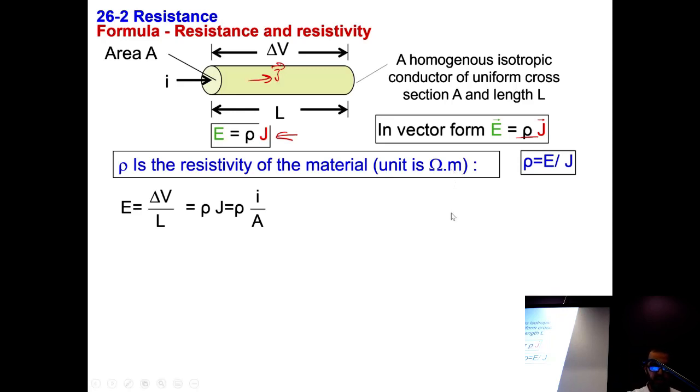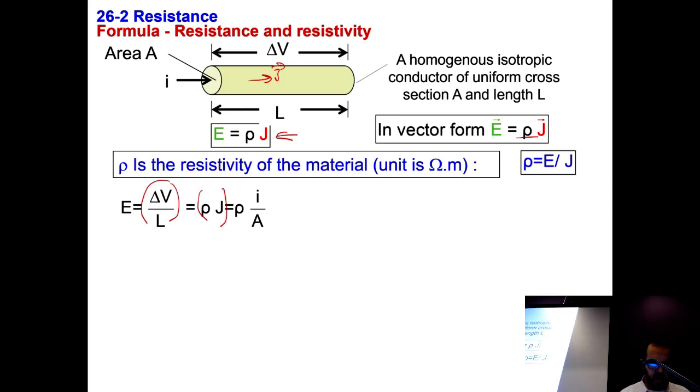The conductor is not in electrostatic equilibrium anymore because there is a voltage. So the magnitude of the electric field is delta V over L. We set this equation equal to the equation that we introduced in the previous slide.